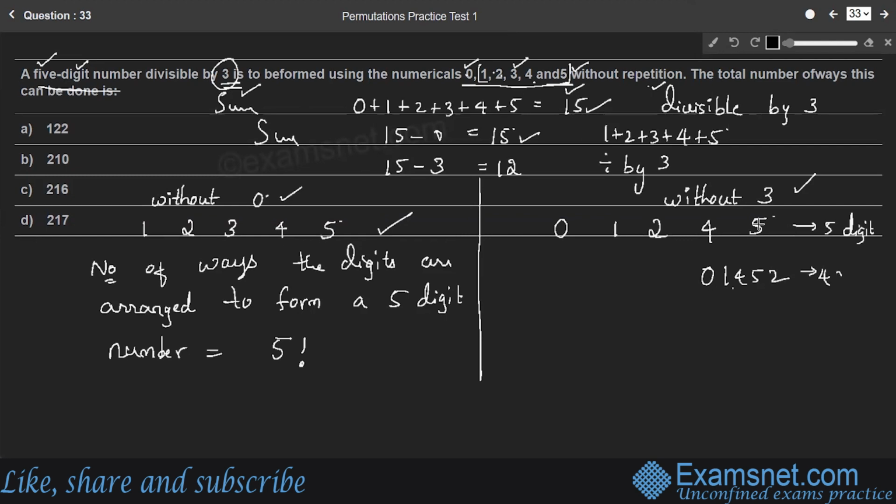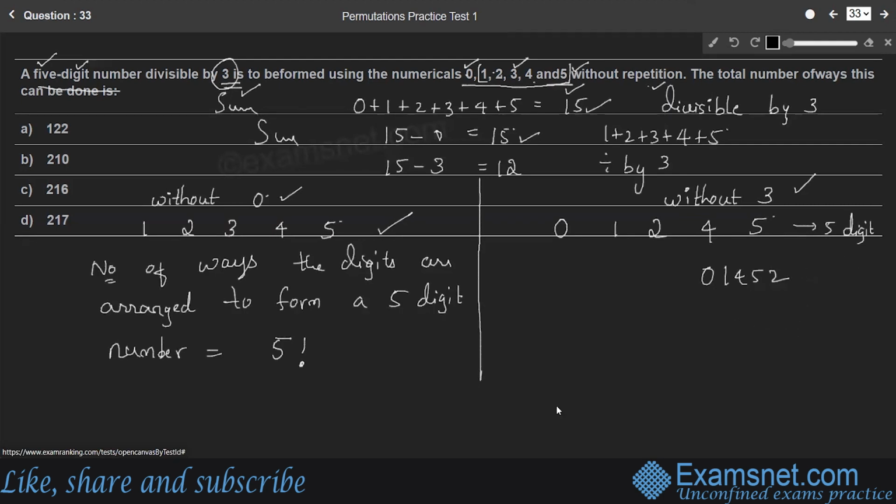It becomes a 4-digit number. In how many ways can these 4 digits be arranged? In factorial 4 ways. Therefore, these factorial 4 ways are to be subtracted from factorial 5 ways. Then only you can form a 5-digit number.